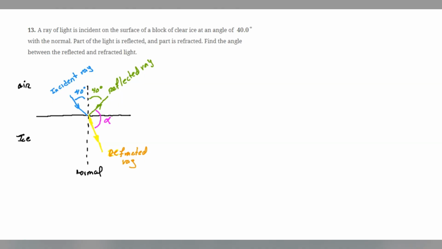Because 40 plus 50 is the 90 degrees that we have between the normal and the boundary of the two surfaces.